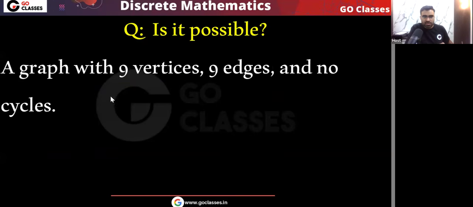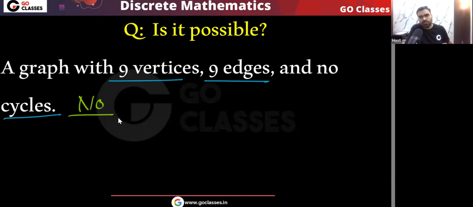So very simple questions you can easily solve. Tell me the answer for this question. Is it possible that you have 9 vertices, 9 edges, and there is no cycle? Is this possible? The answer is no. This is not possible. What is the reason? Because remember, no cycle means acyclic. This you already know.